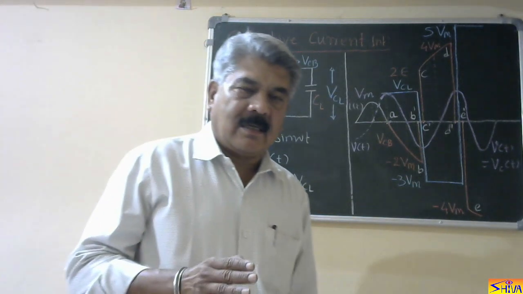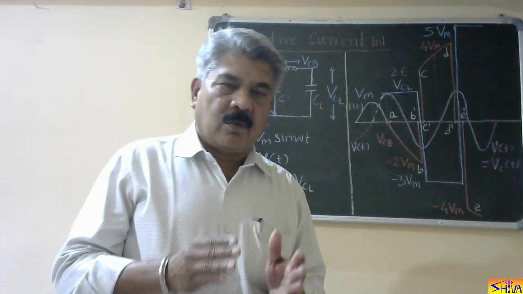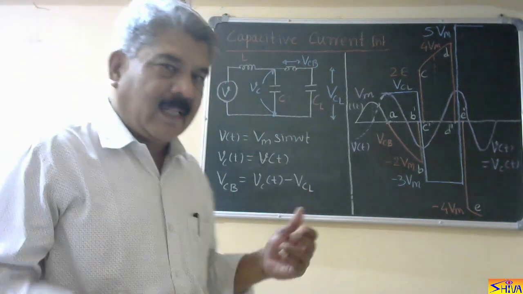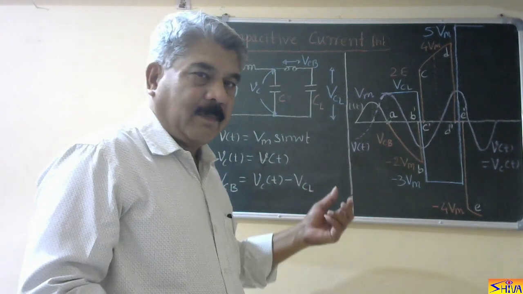Now as told earlier, this capacitive current is small, so it will not be able to maintain this arc for a long duration. So the arc will be interrupted quickly.